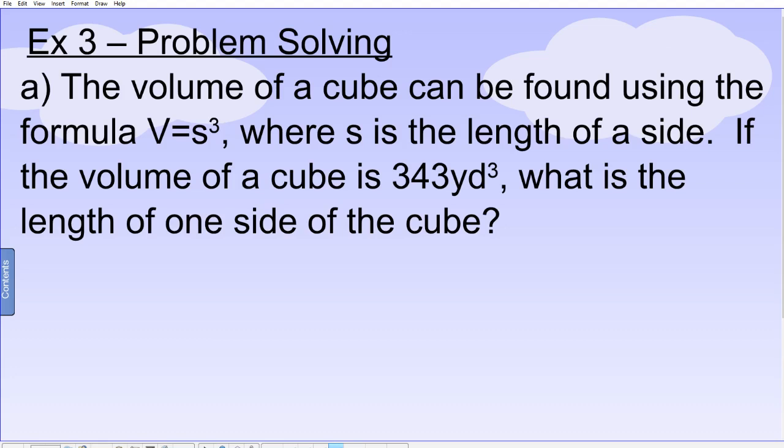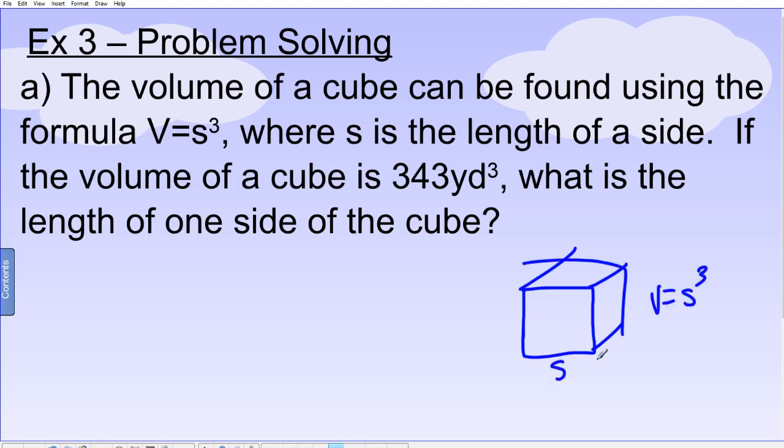Okay, we got a couple little problem solving examples here. Example 3a says the volume of a cube can be found using the formula v equals s cubed, where s is the length of a side. We've talked about this before. We had cubes in the past. To find the volume of the cube, it's v equals s cubed, where s is the length of the side.